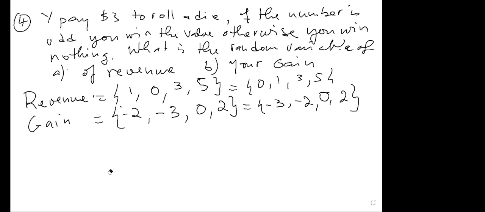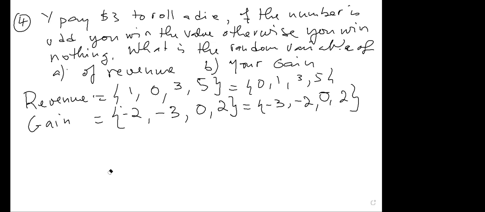We will see that these numbers are the result of a probability experiment. We may want to associate to each of them the probability of getting them. For example, what is the probability that you will lose $3 in playing this game? That means your gain, your profit, is -3. So you reason backward: under what condition do you lose $3? When you roll an even number.